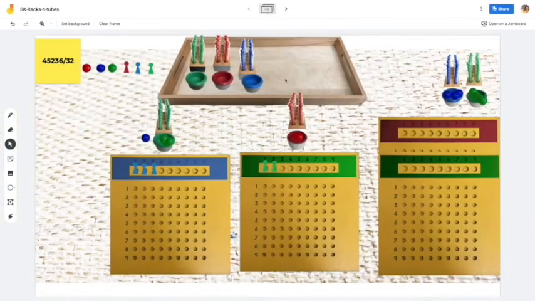Now let's get back to the previous frame and start distributing the beads among the skittles now. Thousands to the tens skittles and hundreds to the unit skittles.